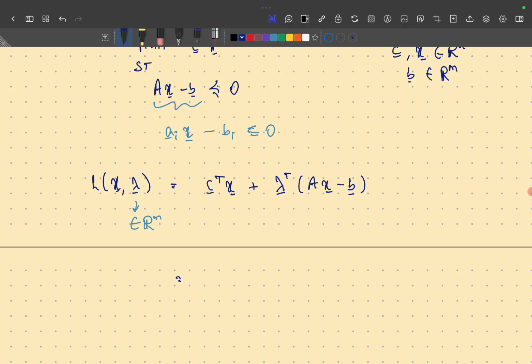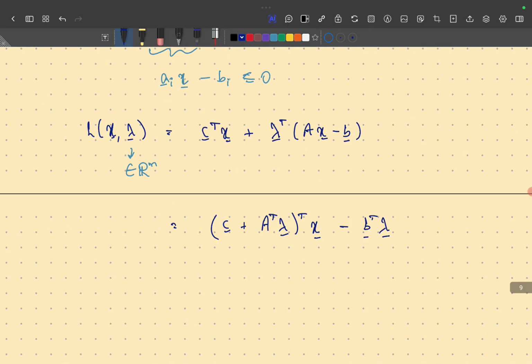So I can write this as (C plus A transpose lambda) transpose X minus B transpose lambda. Okay, is this fine? All right.